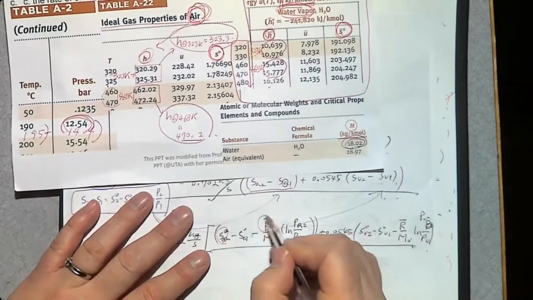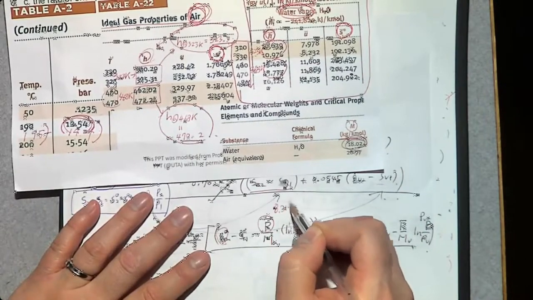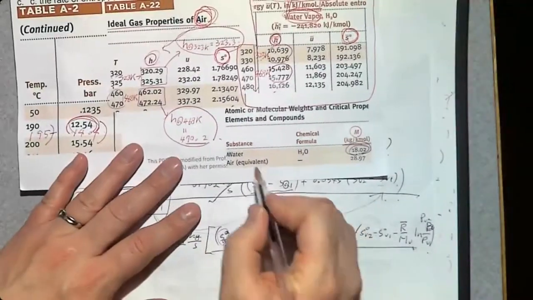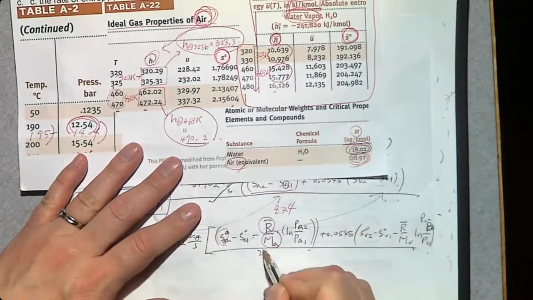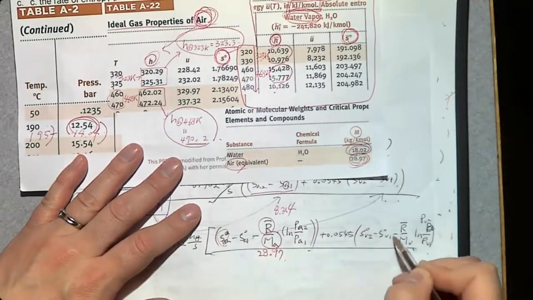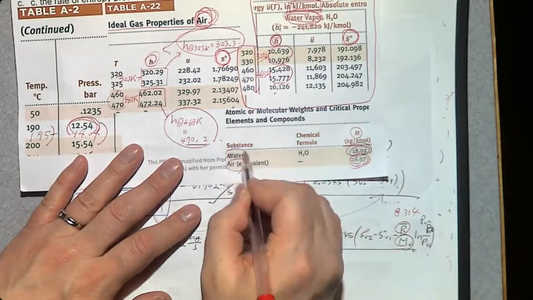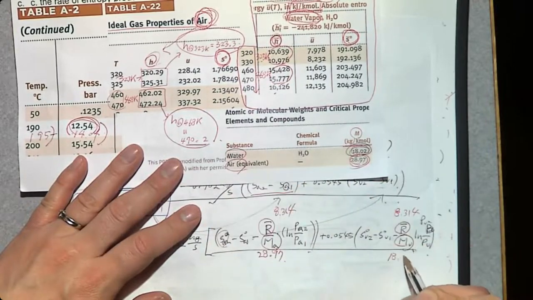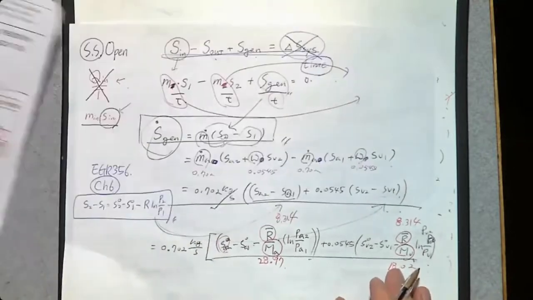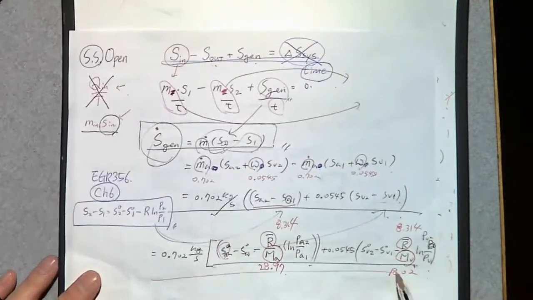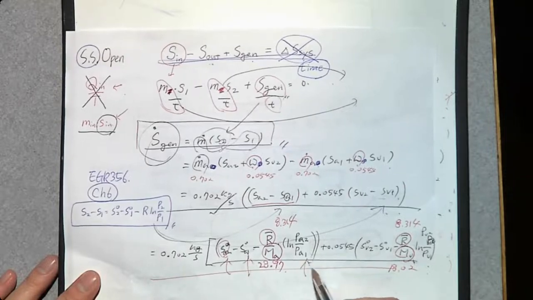By the way, gas constant R is going to be 8.314. Molecular weight of dry air is available right here, 28.97. Molecular weight of water vapor is this number of 18.02. And we just need to find each property value.